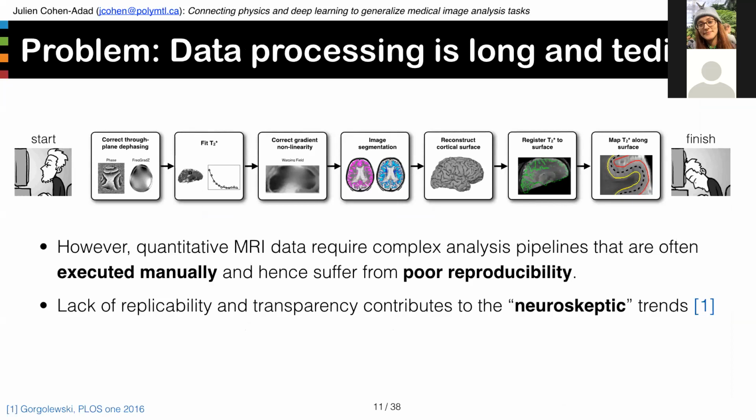Examples of tasks include fitting biophysical models, image segmentation, registration, surface reconstruction, and so on. That contributes to a lack of replicability and transparency, which in turn contributes to the neuroskeptic trends that we've been seeing for the past couple of years in specialized and popular media. So how do we solve this?